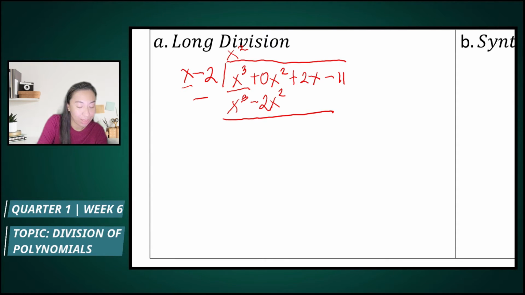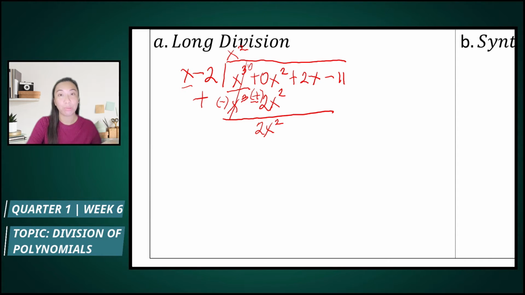So from positive x cubed, this becomes negative x cubed. From negative 2x squared, this becomes positive x squared. And then proceed to addition. So x cubed plus negative x cubed is equal to 0, so we'll cancel that out. 0x squared plus positive 2x squared is positive 2x squared.